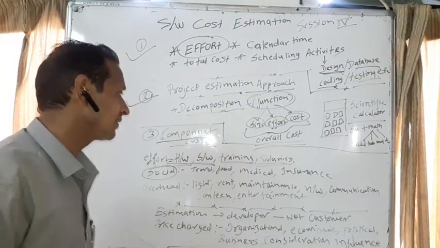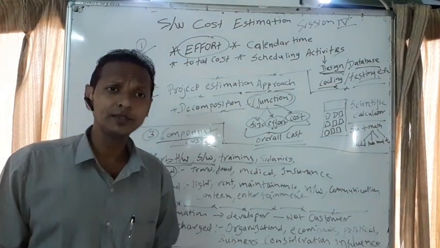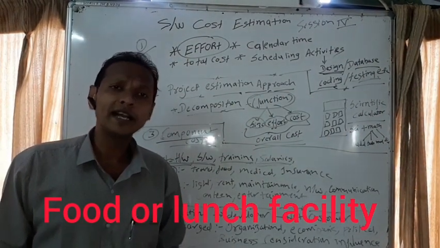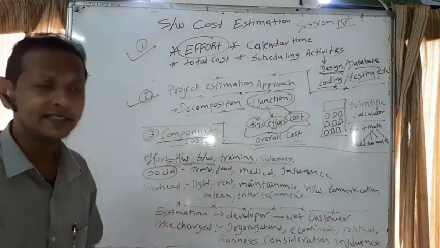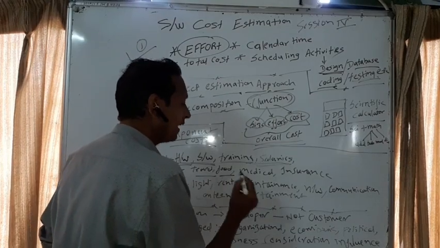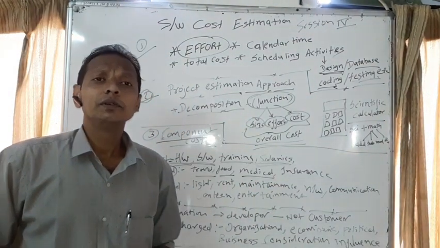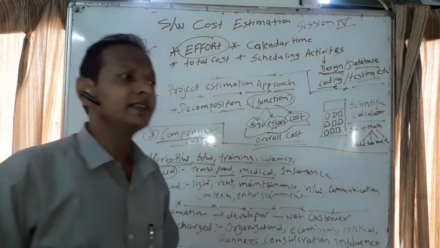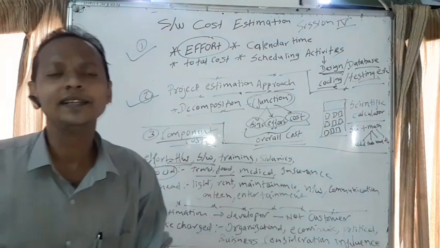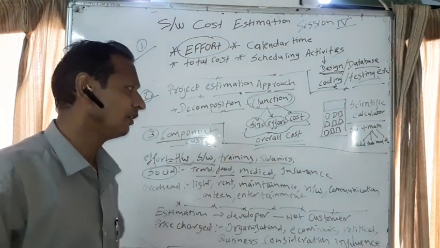There is this traveling cost for the employees, and if you are providing food, canteen facilities, or lunch, then the food facility cost is there. Traveling, food, then the medical facility. Many companies provide medical assistance if some mishap happens in the premises. So this cost is also involved.